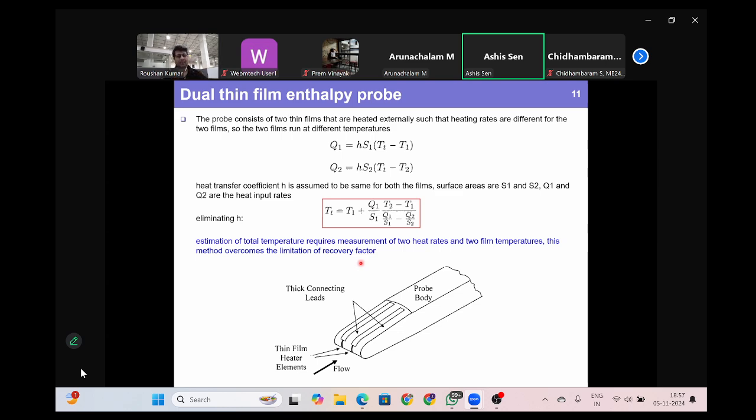The remaining classes I will utilize to actually solve some questions in the class so that you are getting some practice. And the final exam will be numerical based only, sir, if I'm not wrong? You have already seen the midsem, right? So it will be of a similar kind.